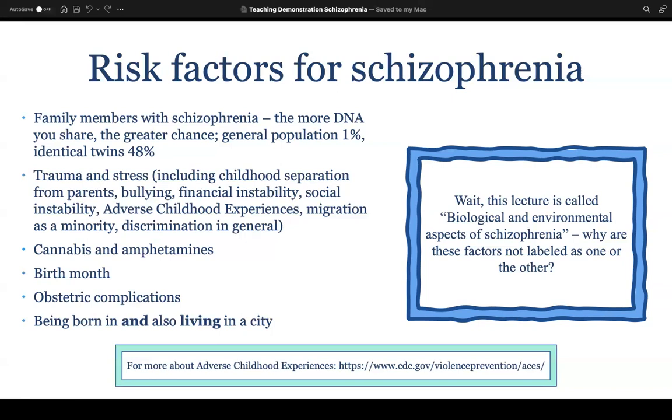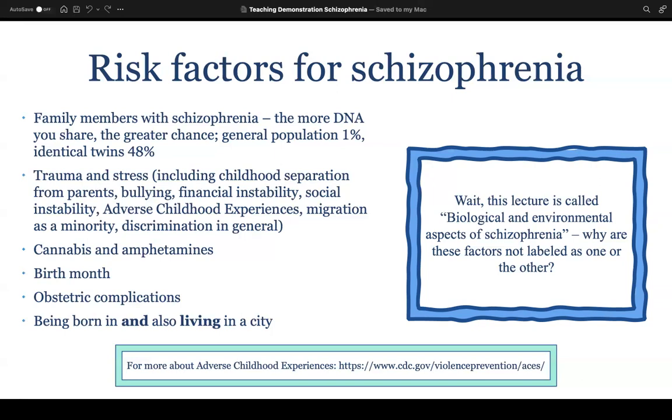And so your heritability goes down with the more distance that you have from the DNA overlap. Okay, so there are all sorts of cool charts that you can find on this on the internet that if you're interested you can look. The risk is really striking to see if you look at that.